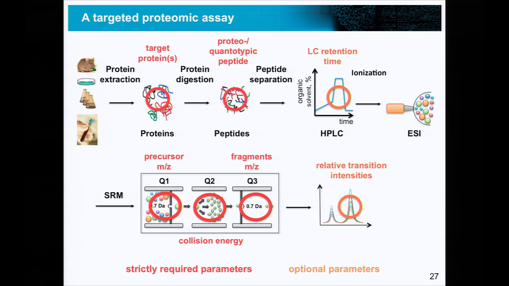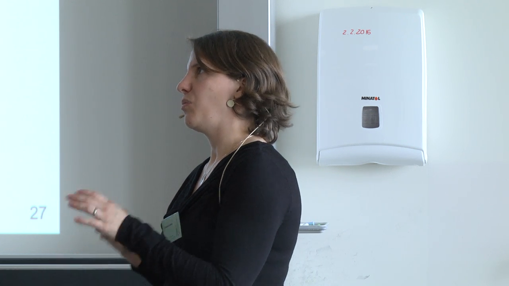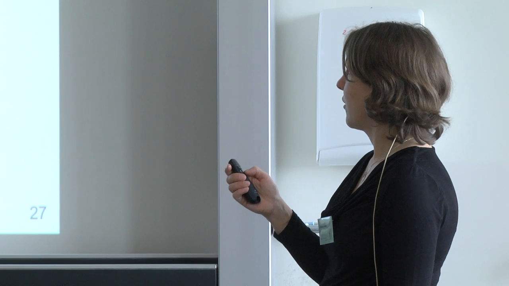So we store the information which of the selected transitions is the most intense, which is the second most intense, and the relative intensities between those transitions. This information is not required before the measurement. You don't need it to set up the transition list, but it's very useful after the measurement for the data analysis. And you will see this a lot throughout the rest of the week, how you use this for your confidence in identification and in automated peak picking analysis and so on and so forth.